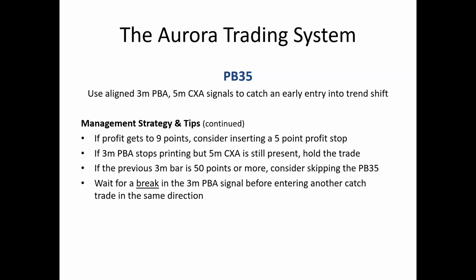I'm not looking at the current 933 bar. I'm not looking at the current 3-minute bar. I'm looking at the prior 3-minute bar. So it can be a little confusing when you're looking at your entry being triggered off of a 5-minute bar. The 5-minute bar is going to tell you to get in, and it is the prior, not the current 3-minute bar that's going to tell you whether or not you want to consider that 50-point guidance.